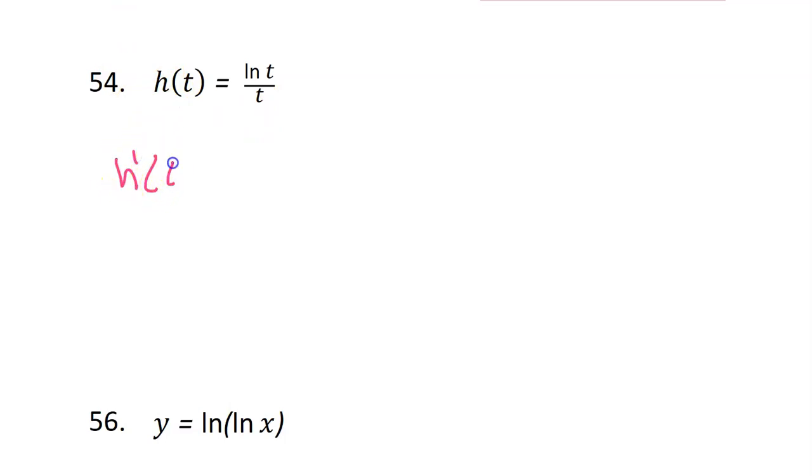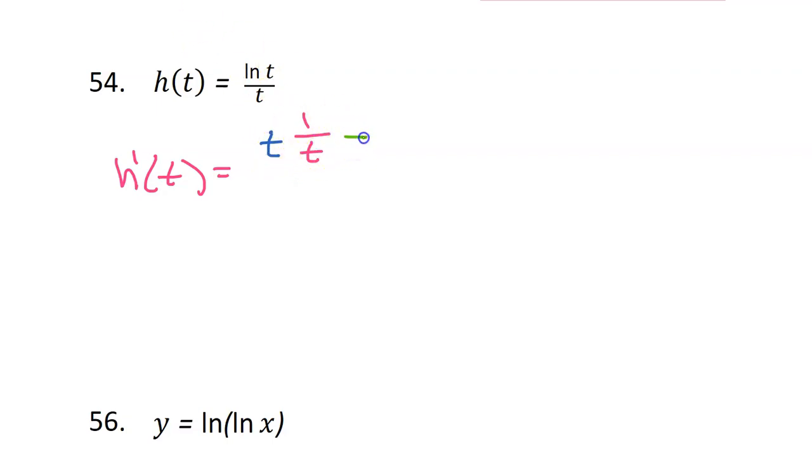So h prime at t equals low d high. So low means just write the bottom part as is. And then d high means the derivative of the top part. So that would be 1 over t. So that's low d high.